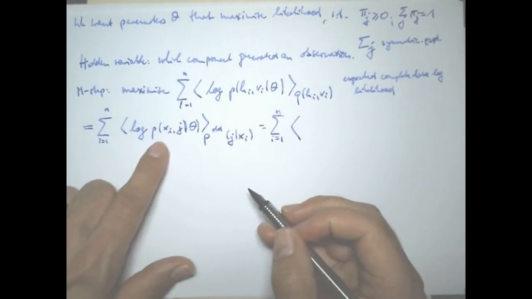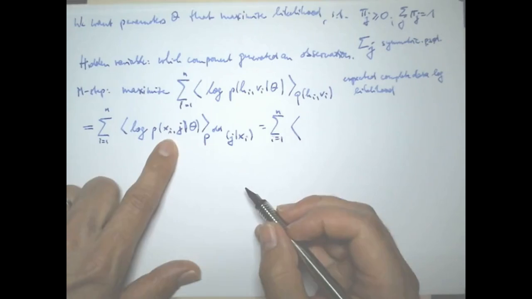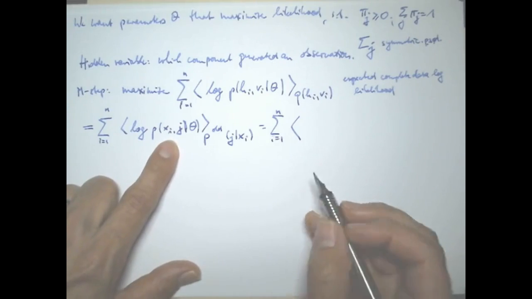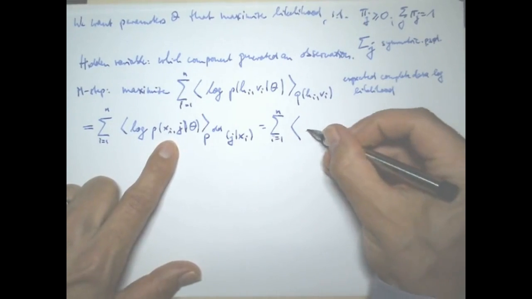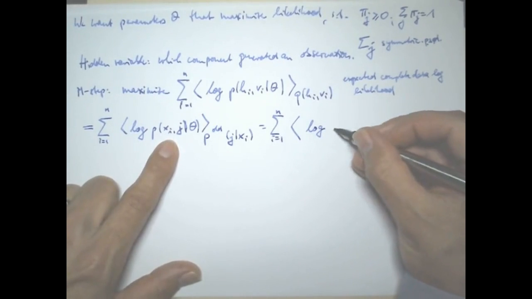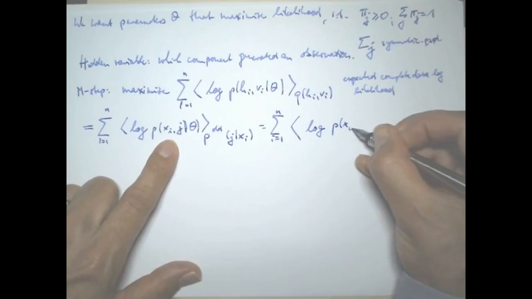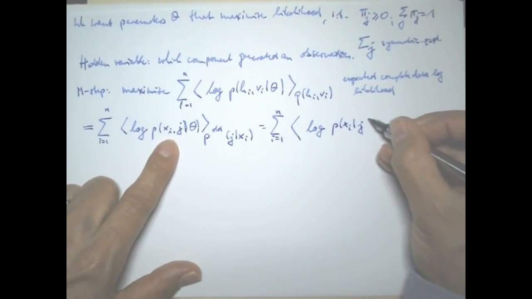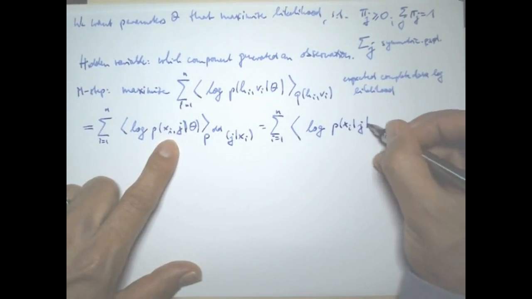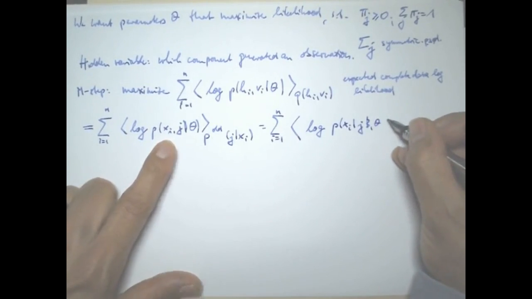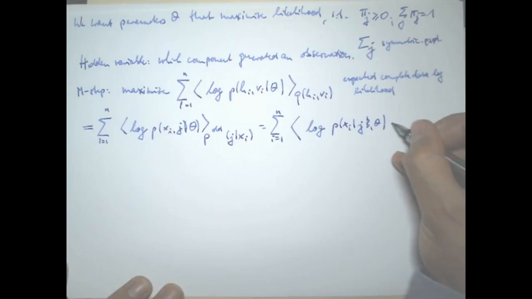And the joint I write as a conditional times the prior. So I'm saying this is log p of xi given j and the parameters times pi j.